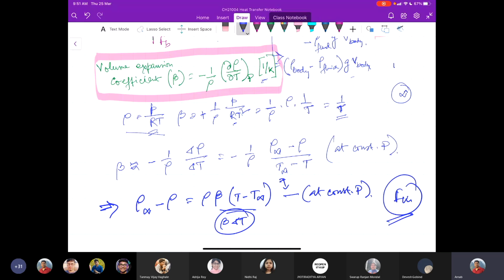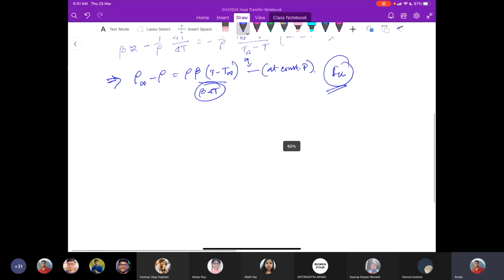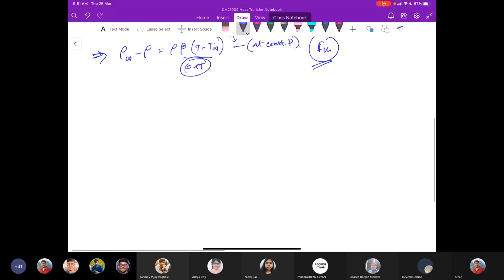Okay, now the density difference that we are considering, rho minus rho infinity, is the density difference for, say, a vertical plate.